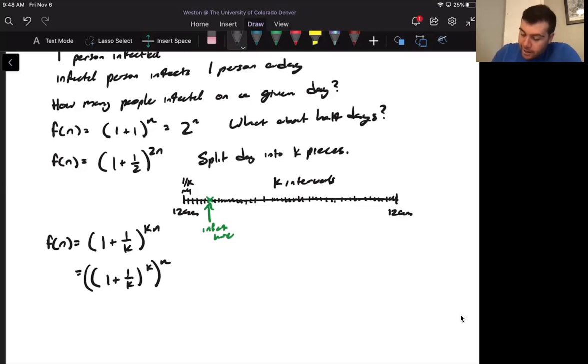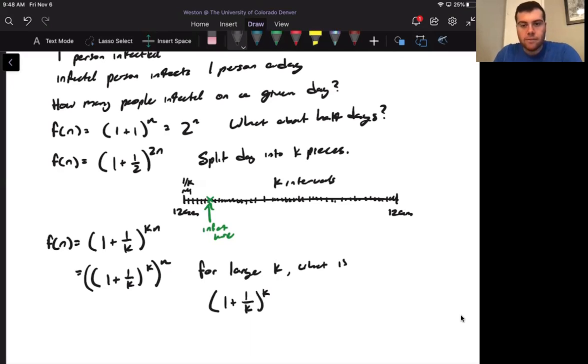And for large k, maybe we ask, what is (1 + 1/k)^k? That's actually approximately 2.71 on and on forever, which is our fancy number e.